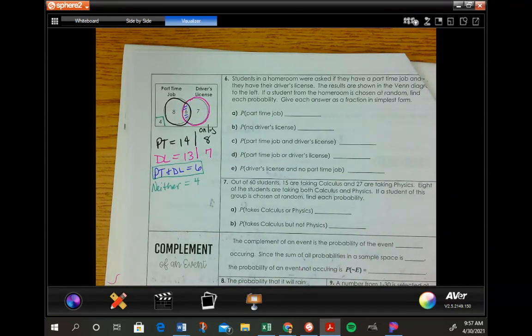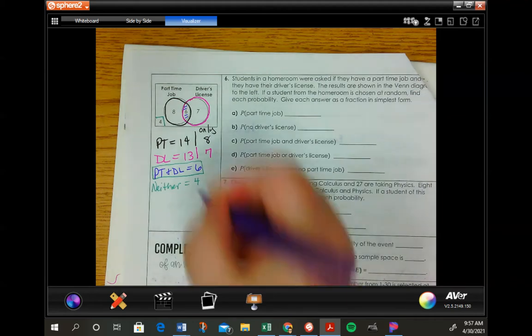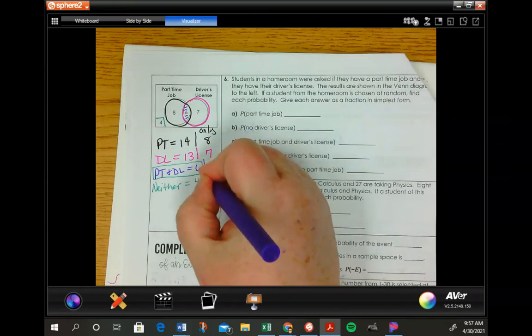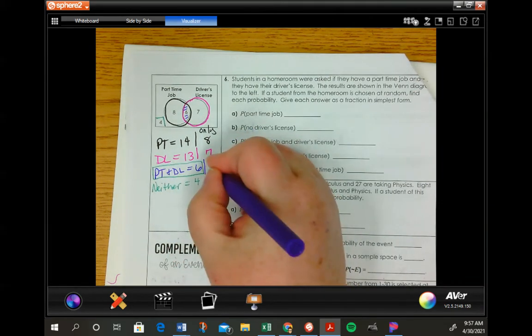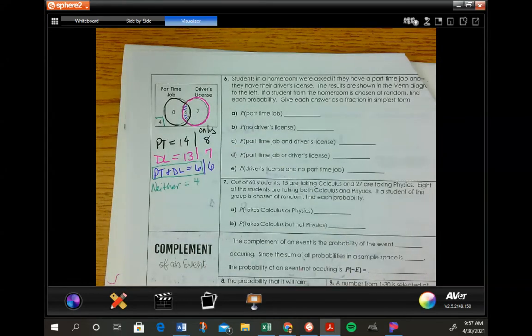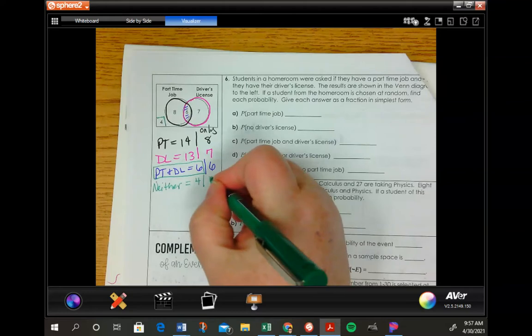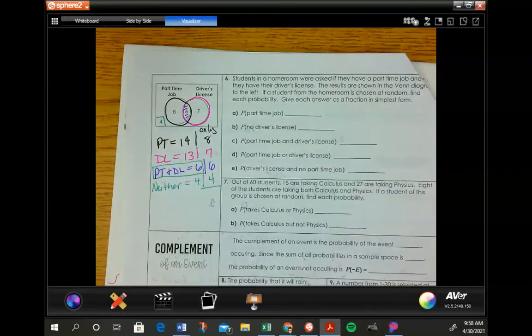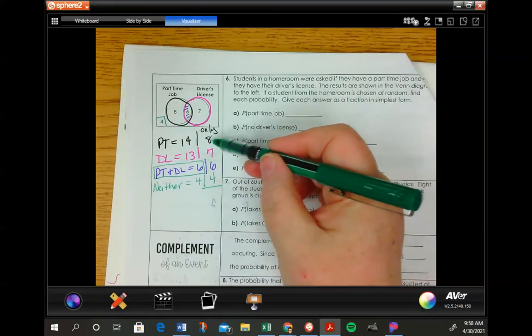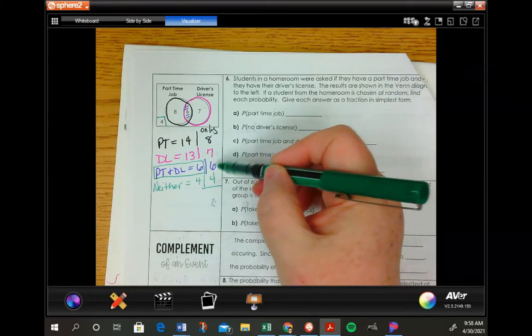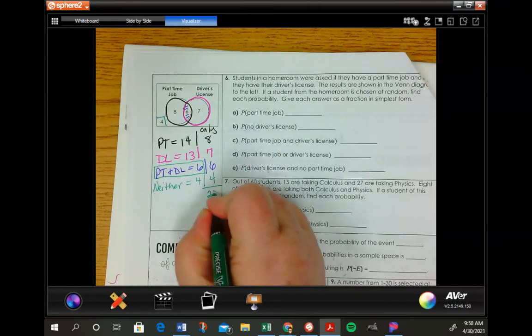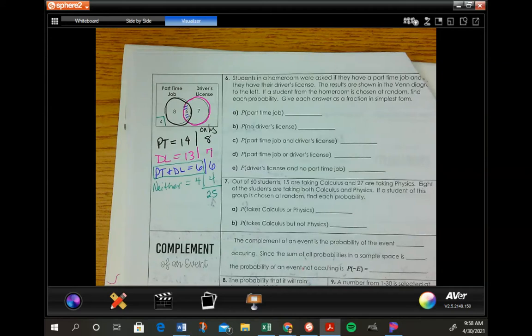Then if we did the driver's license and the part-time job, that would be 6. Then we add in the 4. Then we can get our total students. 8 plus 7 is 15, plus 10, that's 25 total students.